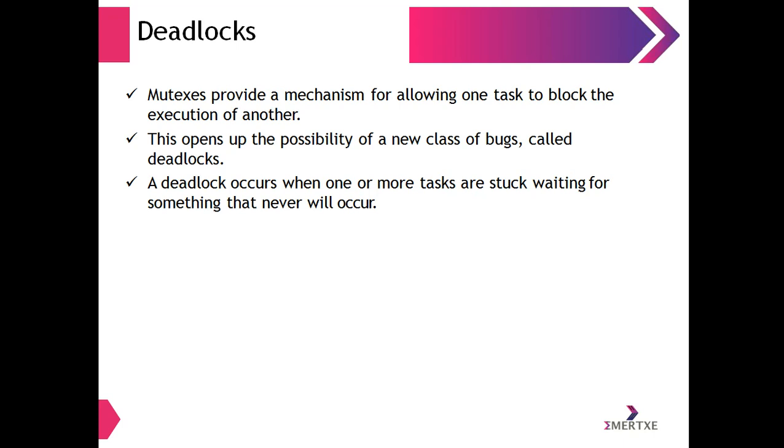Suppose at the very same time both tasks send the signal to the processor to get the mutex. What will happen? It will provide the block signal to both tasks. Both tasks will think they need to be in the block state because the other task is performing its own work, and after that task completes, they will get their chance.